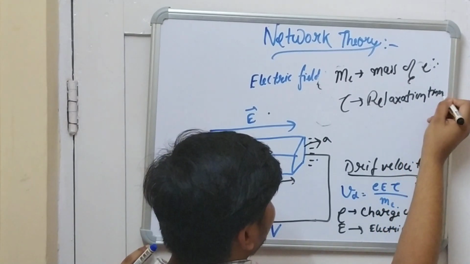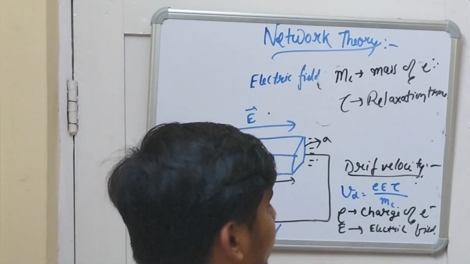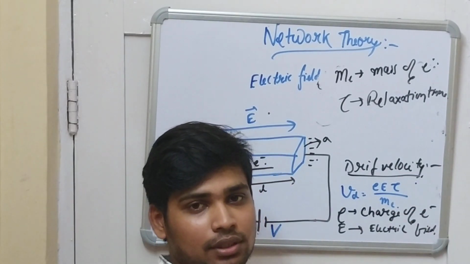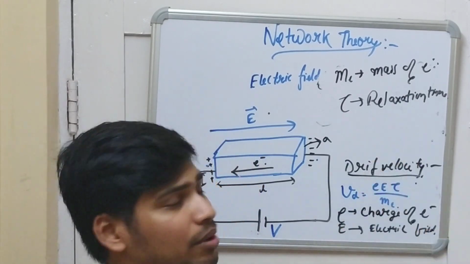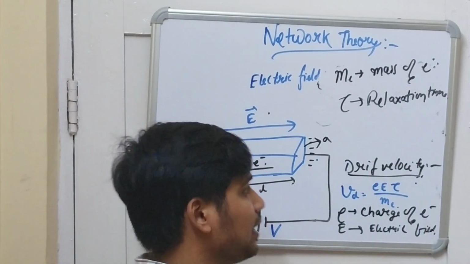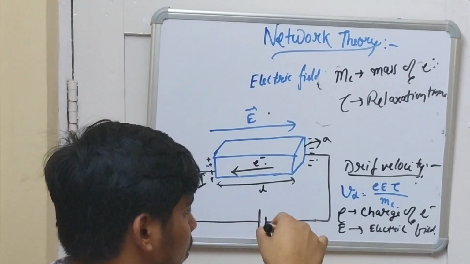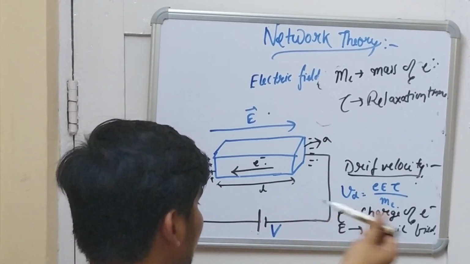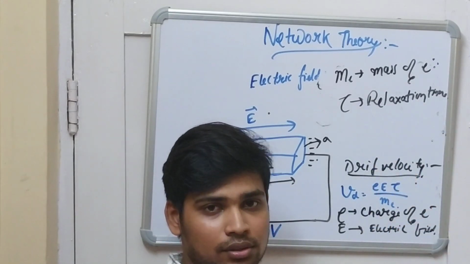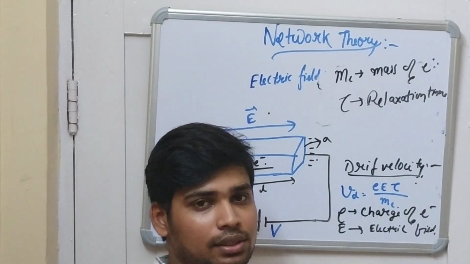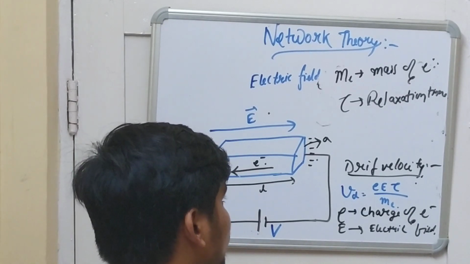Now what is this relaxation time? It is the time taken by the electron between two successive collisions. As the electrons flow, the time taken between successive collisions is known as the relaxation time.